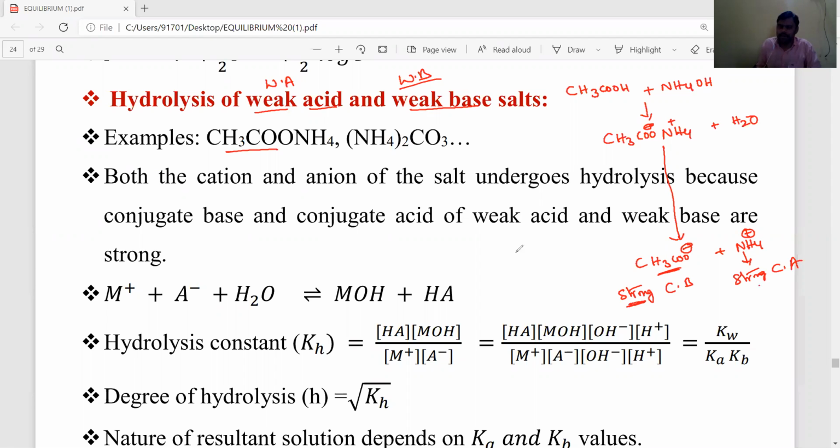So both the cation and anion are strong conjugates, so both can react. This undergoes the third type of salt hydrolysis, meaning the positive and negative ions both react with water, both cation and anion hydrolysis.